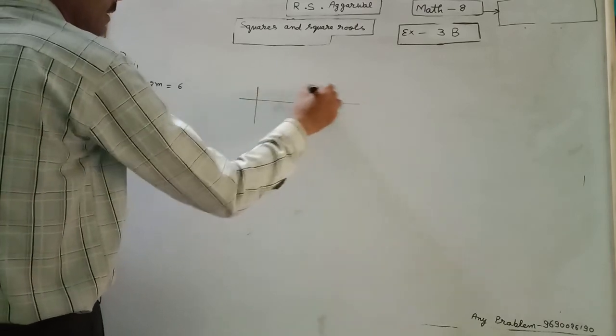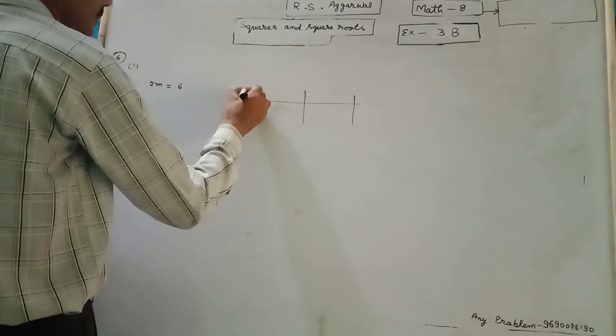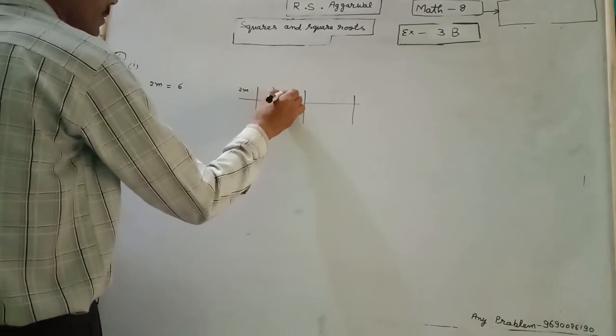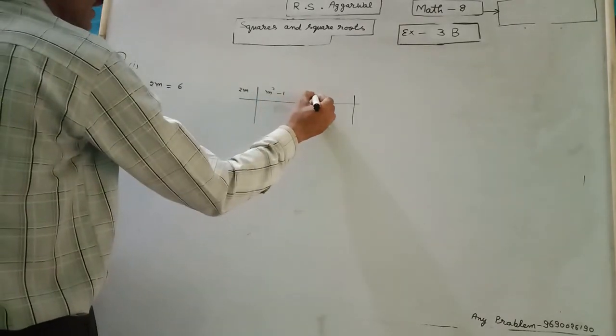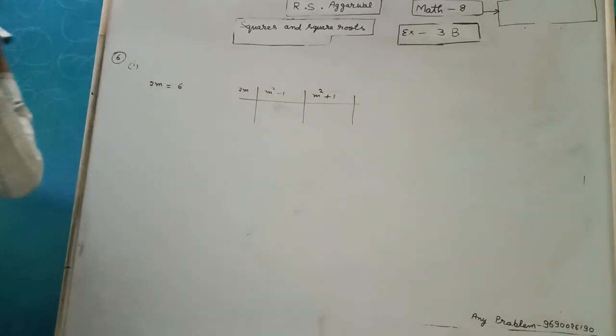Write the column 2m, m square minus 1 and m square plus 1.